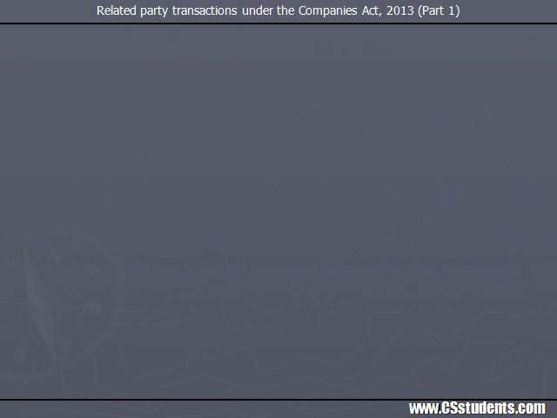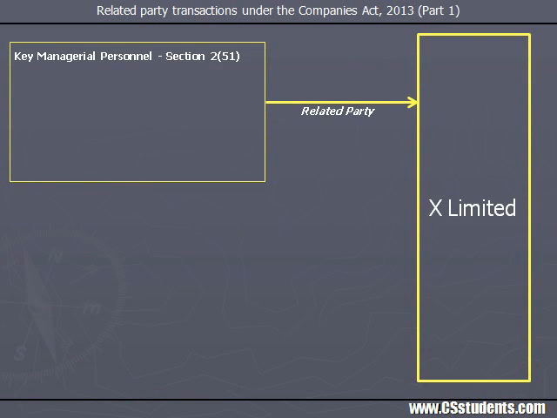Now back to the definition of related party. The next category is a key managerial personnel or his relative. So, who all are key managerial personnel, or we say KMP. The definition of KMP is given in Section 2 subsection 51.